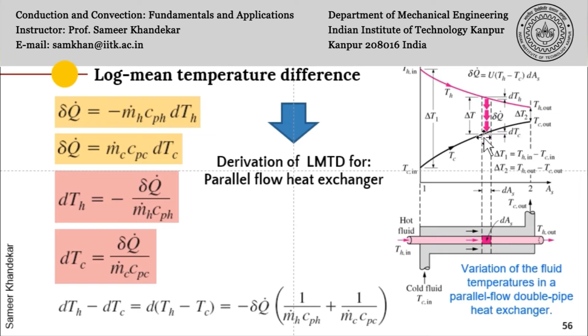And we will take a small element wherein heat transfer is taking place from the hot fluid to the cold fluid. Naturally for this small section, we can write the equation delta Q dot is equal to minus m dot h Cph into dTh. The minus sign is because this is losing heat, and if you write dTh, then naturally it will be the downstream direction minus the upstream direction, and therefore the minus sign has to come.